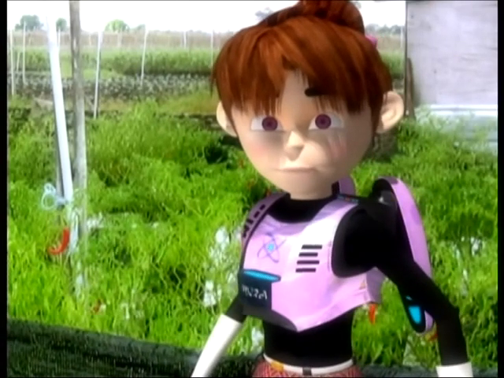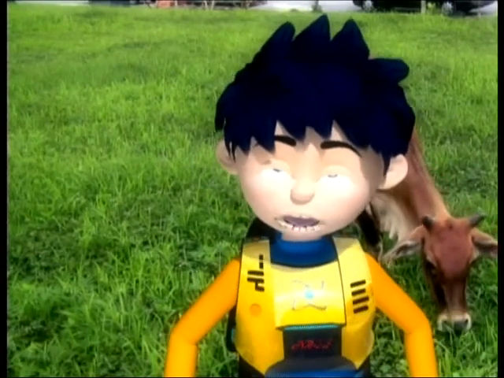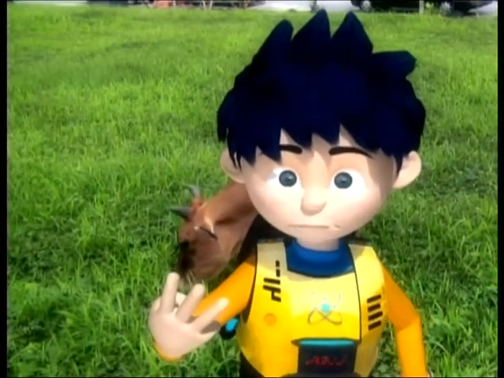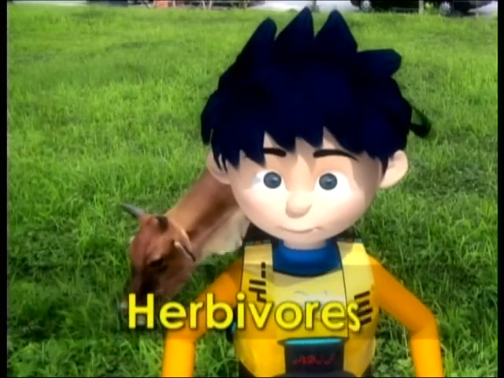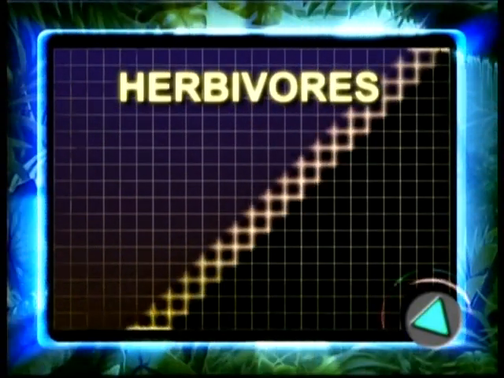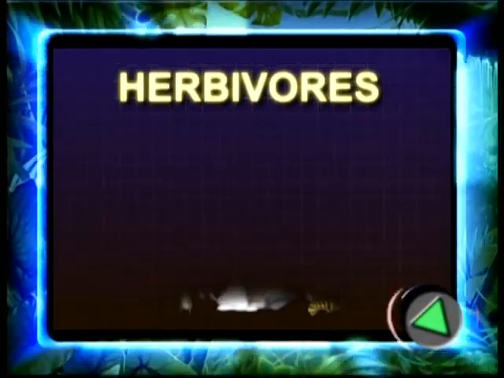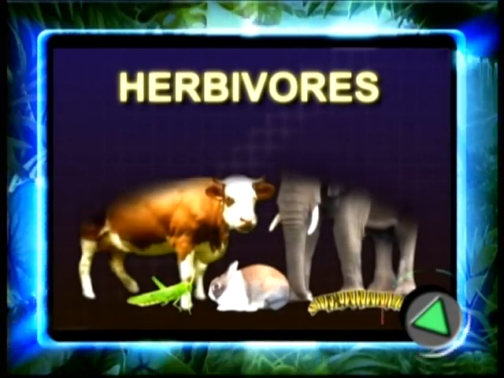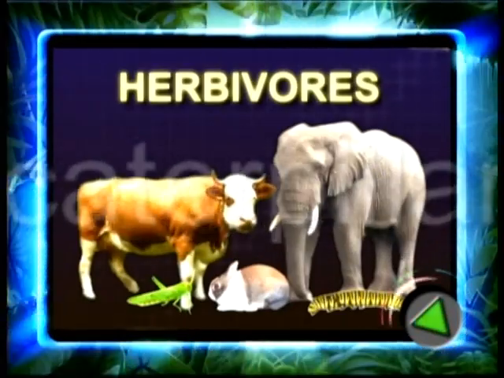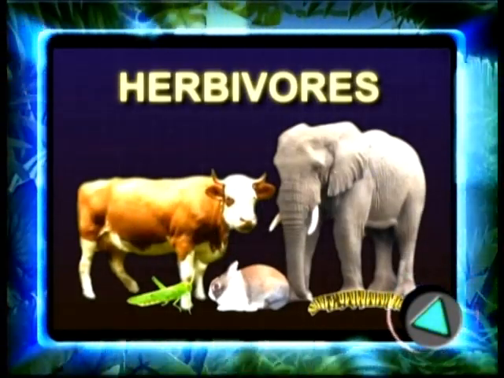Understand that? Based on their eating habits, animals can be divided into 3 groups: herbivores, carnivores, and omnivores. Herbivores are animals that only eat plants. Examples of such animals are grasshoppers, caterpillars, rabbits, and many, many more.